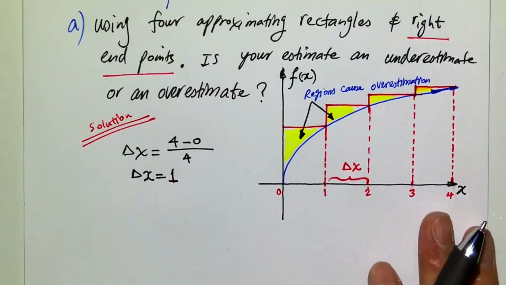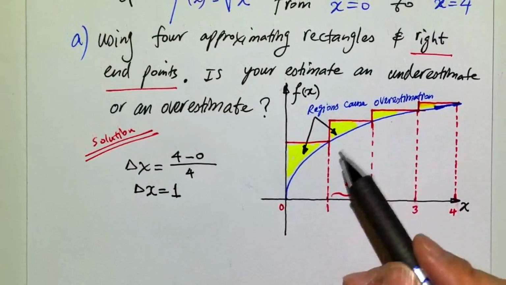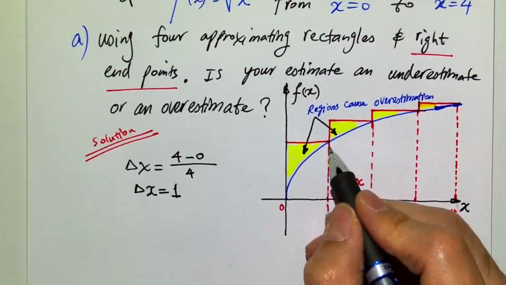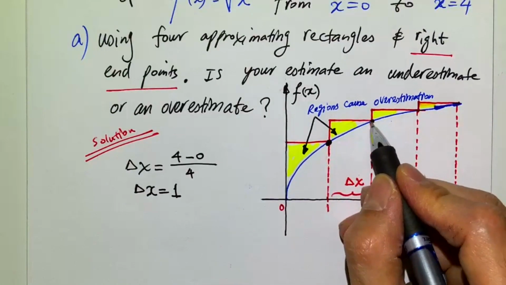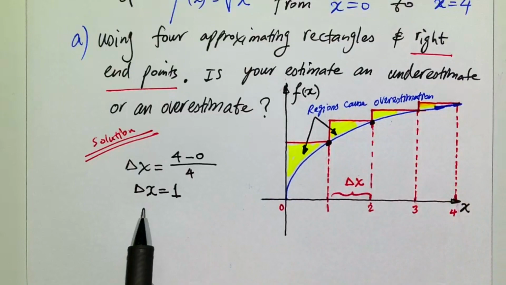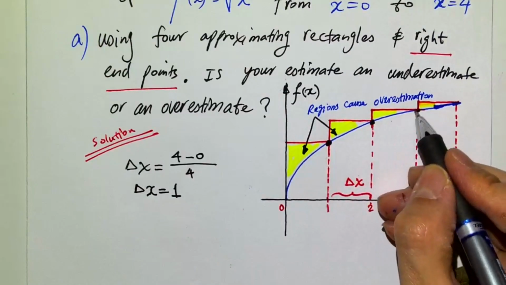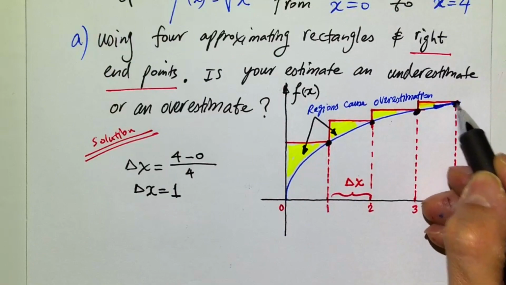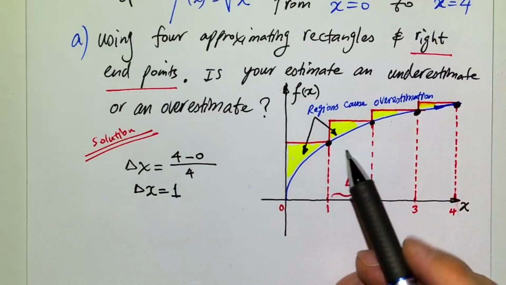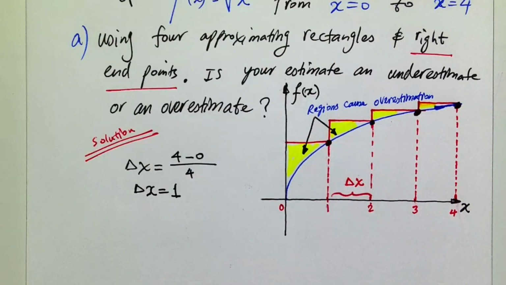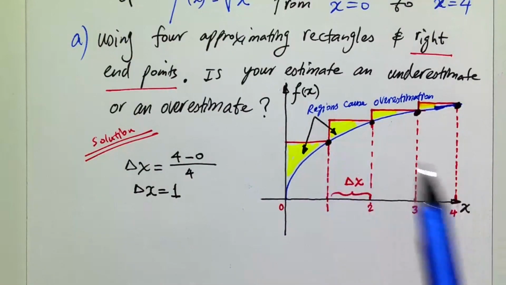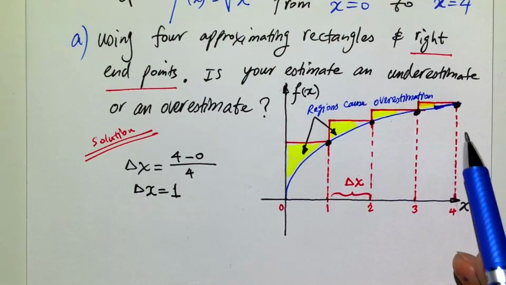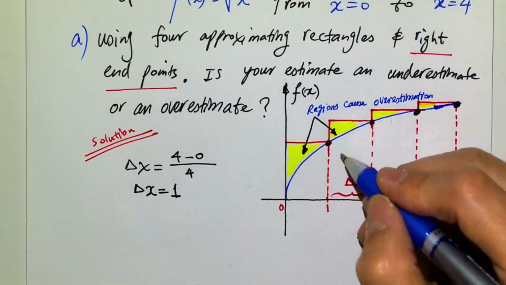So then the Riemann sum would be the value of the function at the corner points, at these points, times delta x. So f of x at that point, so f at 1, f at 2, function at 3, and function at 4.